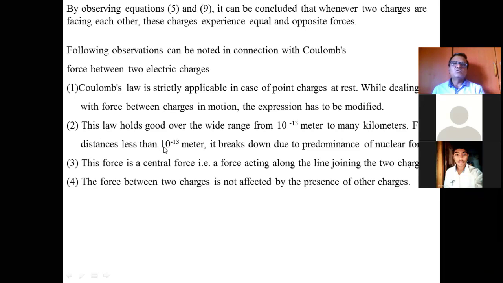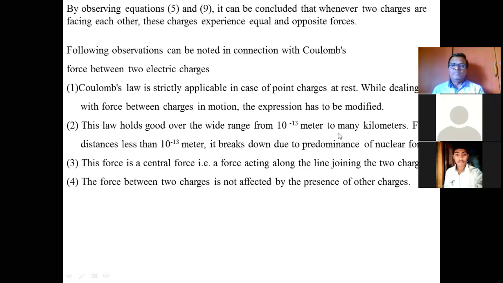नंबर 2, this law holds good over the wide range from 10⁻13 meter to many kilometers. म्हणजे दोन चार्ज मधलं अंतर किती असावं, तर मिनिमम अंतर 10⁻13 मीटर असावं आणि मॅक्सिमम मेनी किलोमीटर्स पर्यंत चालेल.